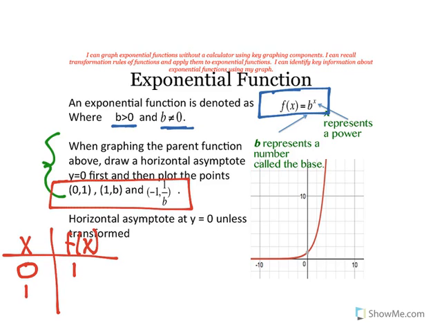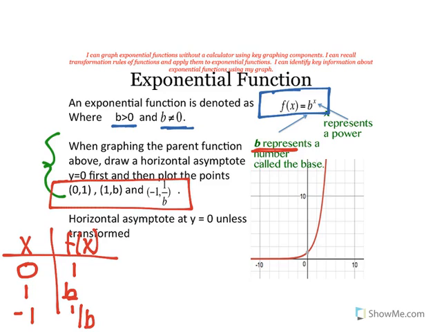I've got another x value of 1 and a y value, or an f of x value, of b. Well, remember that b represents the base. So whatever the base is of my function, I would replace that for b. And then my third big point is negative 1, comma, 1 over that base value.